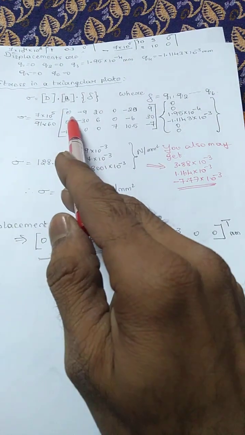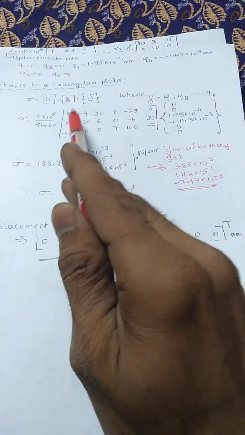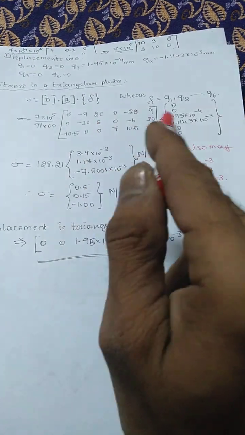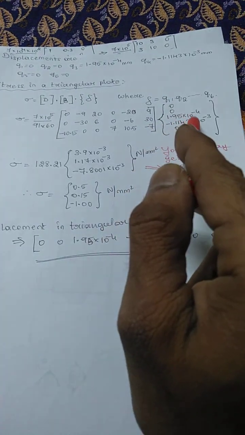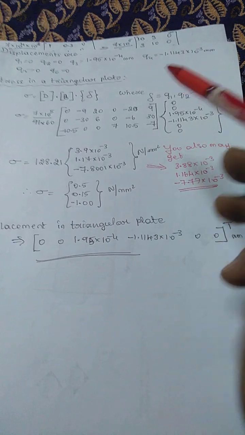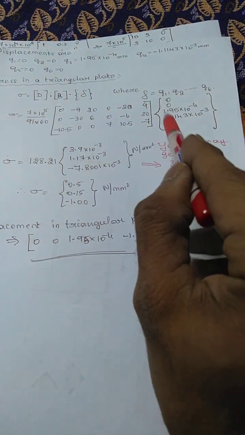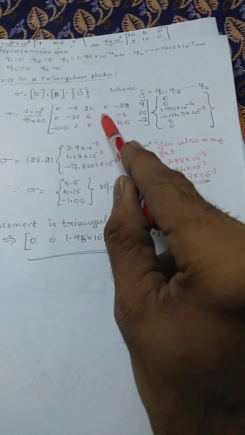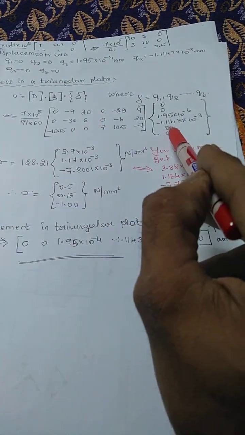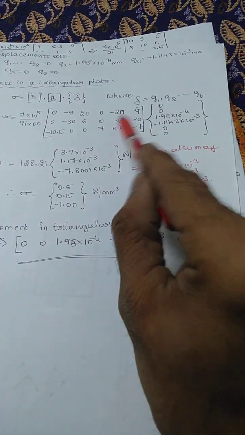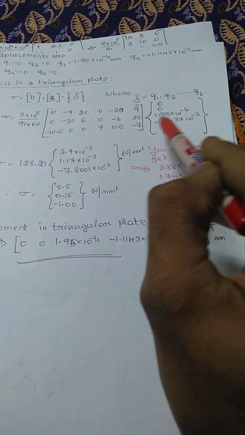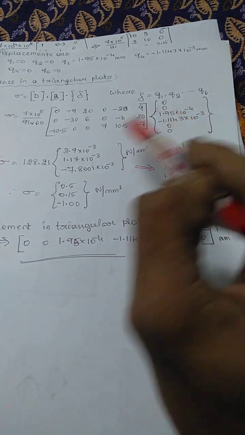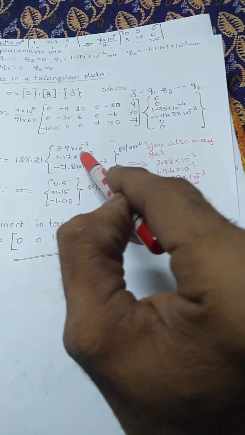So 0 into 0 is 0, minus 9 into 0 is 0, 0 plus 0 is 0, 20 into 1.95 into 10 to the power minus 4, plus 0 into this one is 0, this 0 and this one is 0. So now remaining is 20 into 1.95 into 10 to the power minus 4.